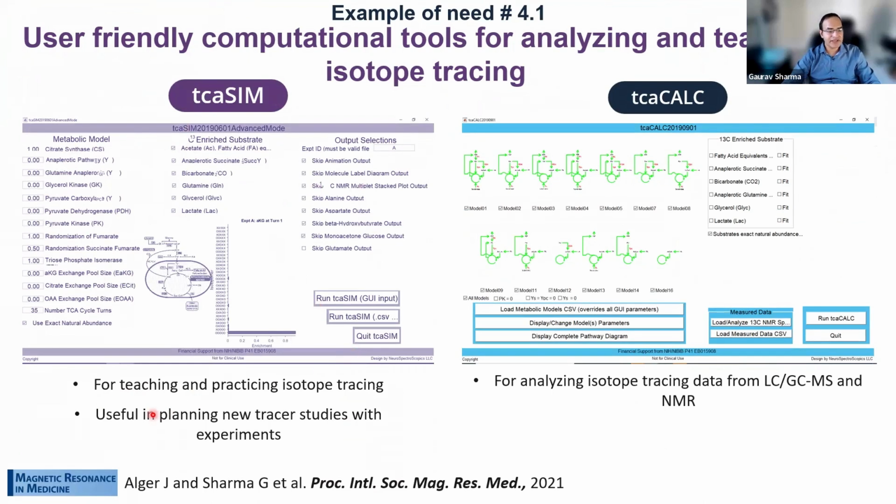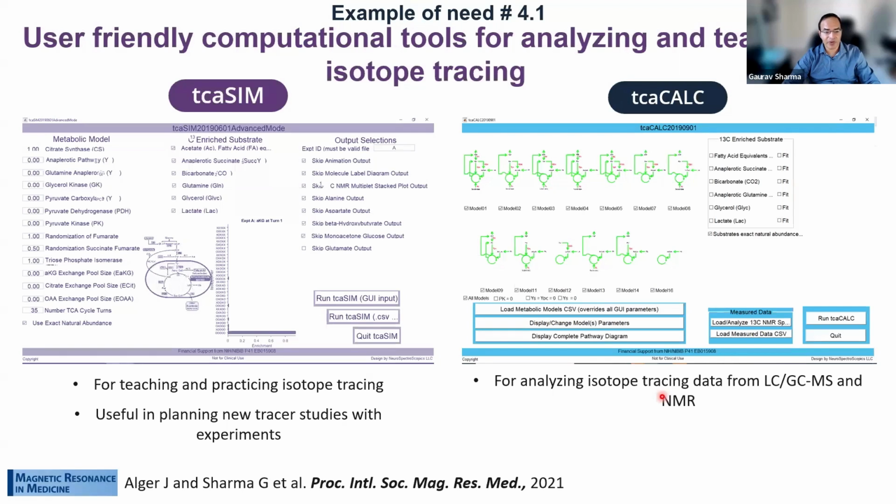This is great for teaching and practicing isotope tracing and very useful in planning new tracer experiments. Then we have TCA calc. Essentially, if you acquire data from the mass spec or the NMR, you load the data as a CSV and check what the labeling of the 13C substrate is. It selects all of the models and tells you which pathway would be a better fit, and you can calculate the relative flux through those pathways.